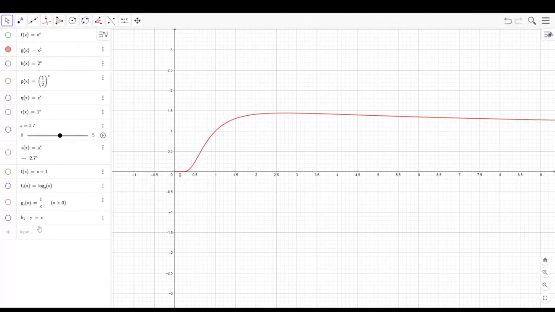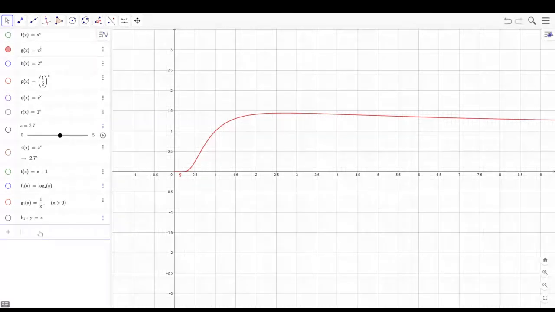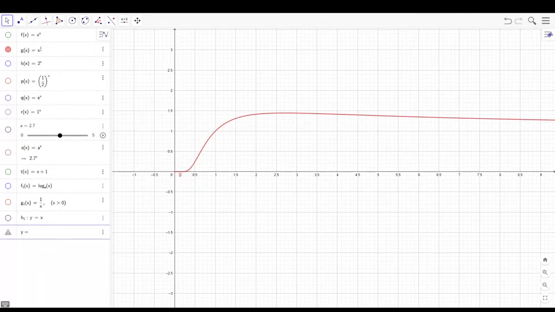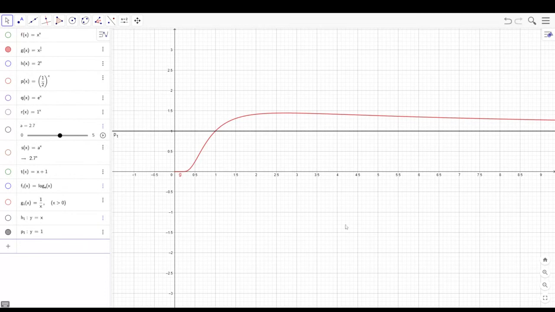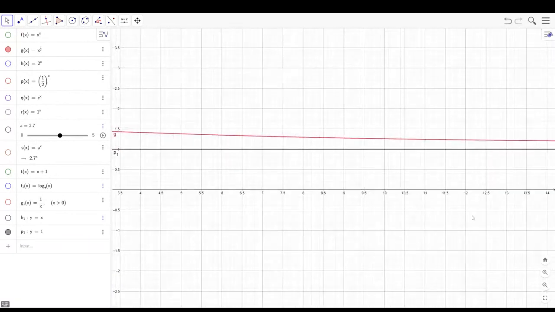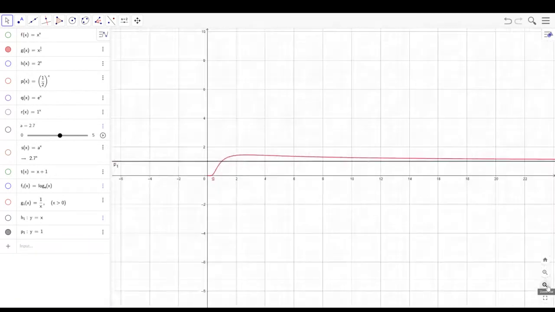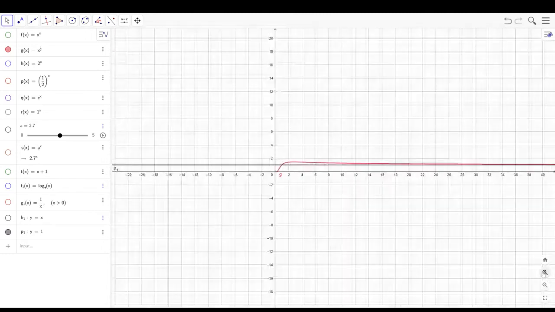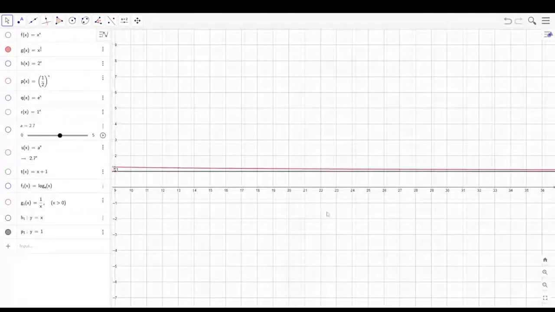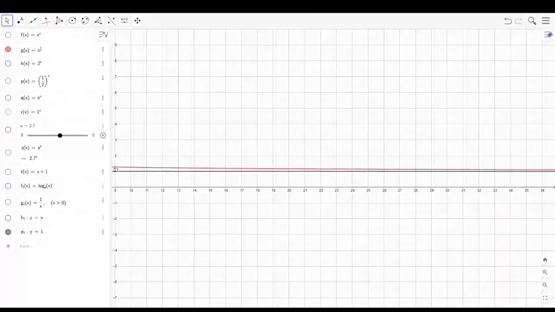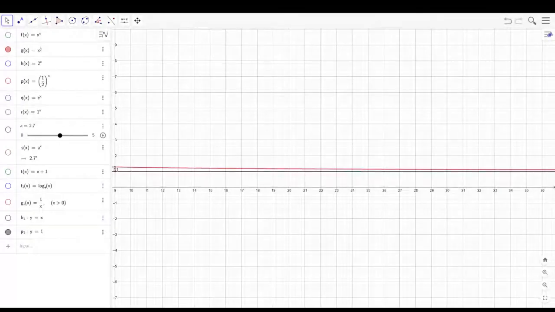And maybe it might have a horizontal asymptote. Okay. So you can kind of see that, oh, maybe. Okay, so it looks like it's got a horizontal asymptote. Yeah. So that's an interesting question, right?